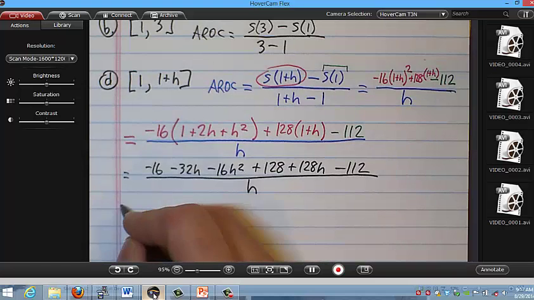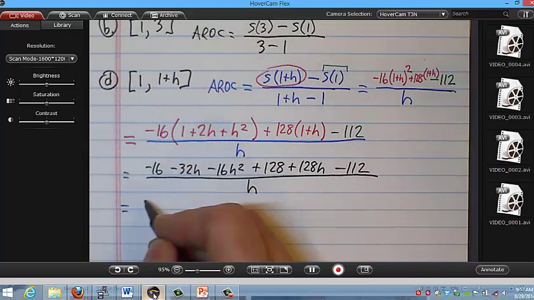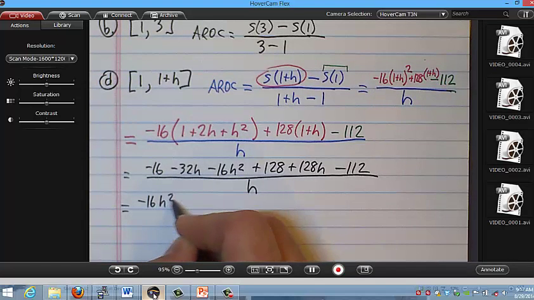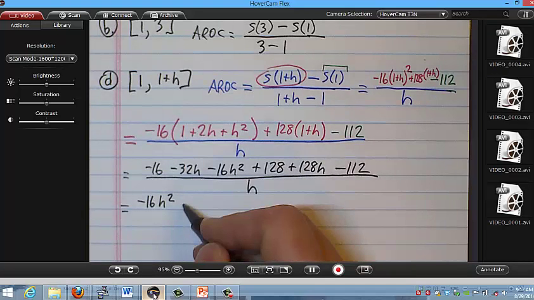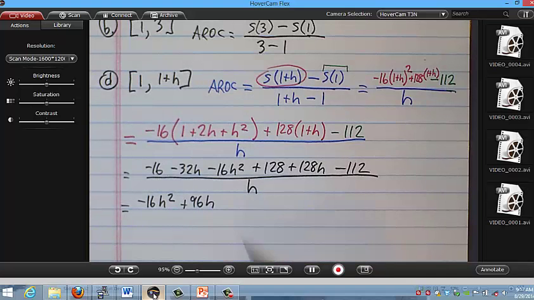negative 16h squared, right? What else? Yeah, 128 minus 32, is that plus 96h? Plus 96h. And then let's see, I have 128 minus 112, which is 16.